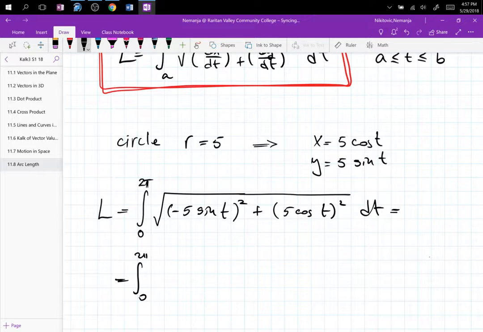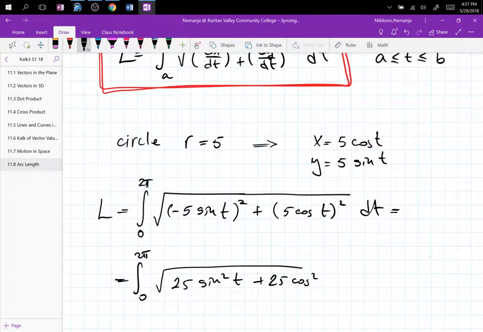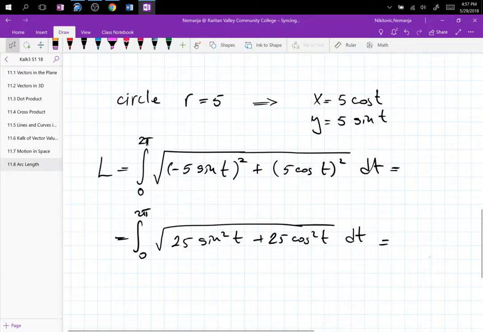So let's clean this up as much as possible. The square will kill the negative, so all I have is 25 sine squared t plus another 25 cosine squared t, dt. Now, those of you who already know the formulas and did this 5 million times in different courses, you can just skip and say, yep, it's 25, so move along, right?